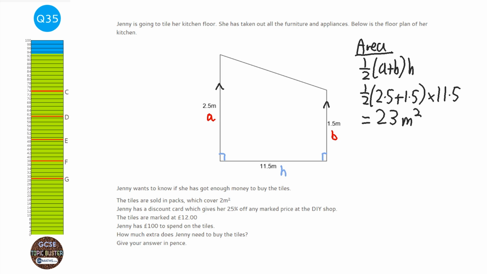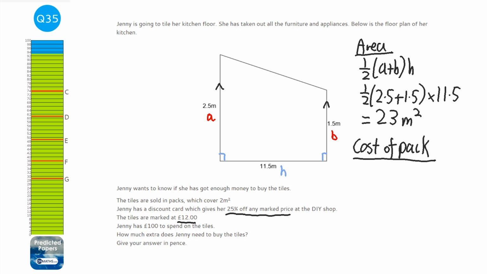Let's have a look. So tiles are sold in packs, 25% off marked price, and they're marked at £12. So next thing we can work out is how much they actually cost. And it doesn't matter if you do this in a different order as long as you do each step and label it well. So cost of pack. Okay, so we've got £12 and we need to reduce it by 25%.